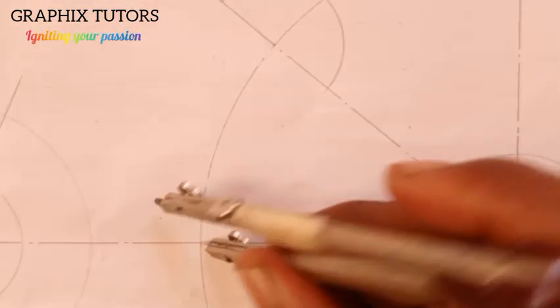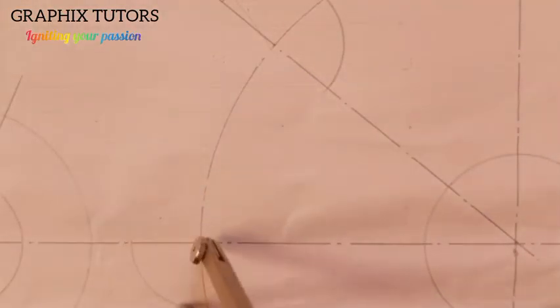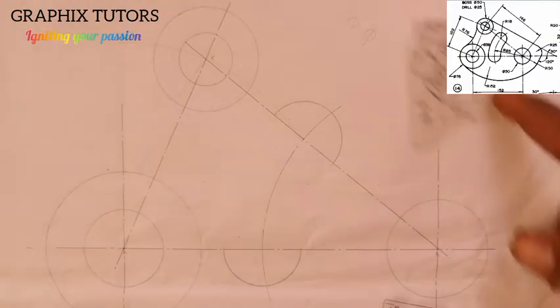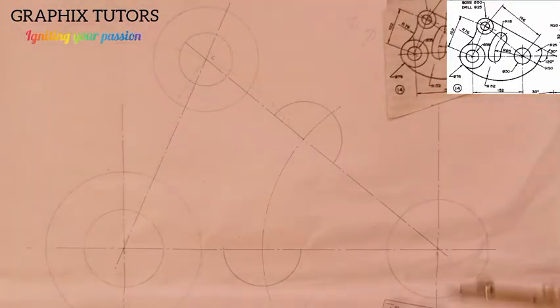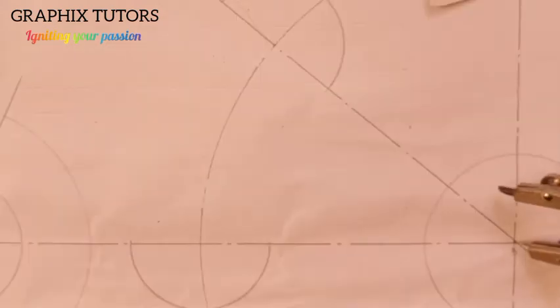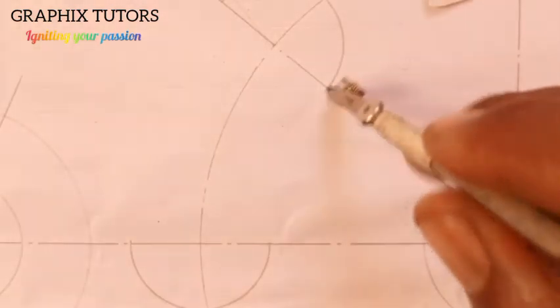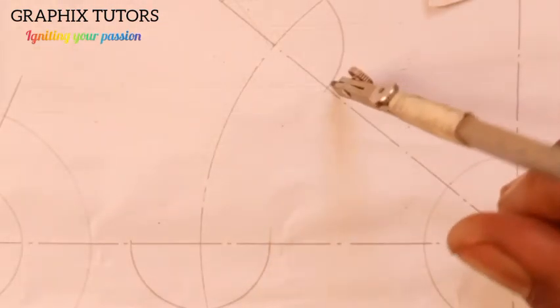And I'll replicate the same thing here also. At this point here, I'm going to do this. You can see that. Now from here, we'll place it at the center, because this is the reference point, the center here. I'll take it to this point, and I'm going to draw another arc this way. You can see that?